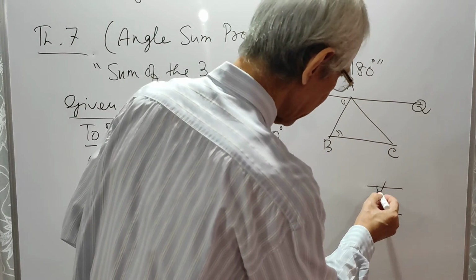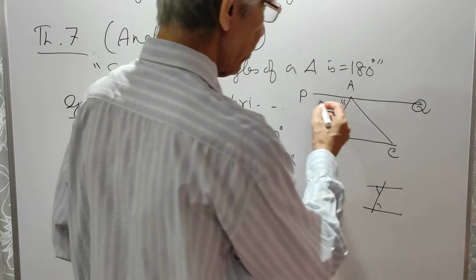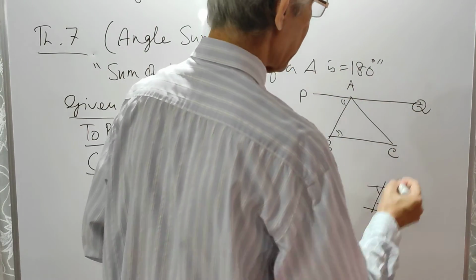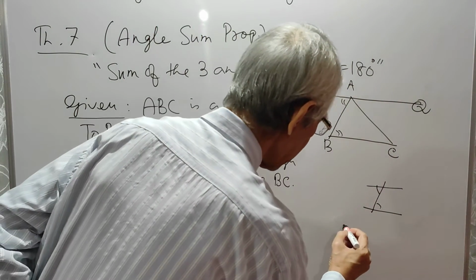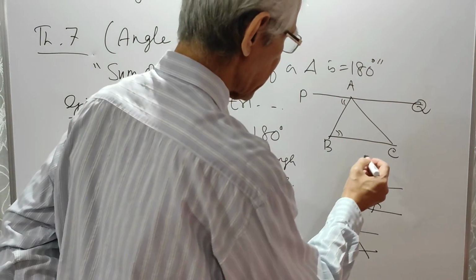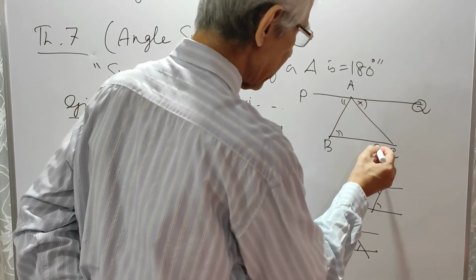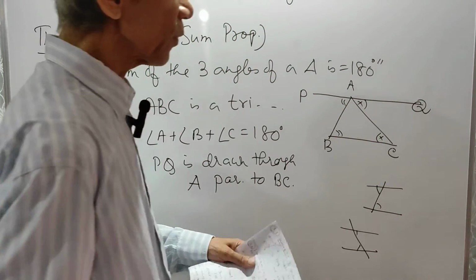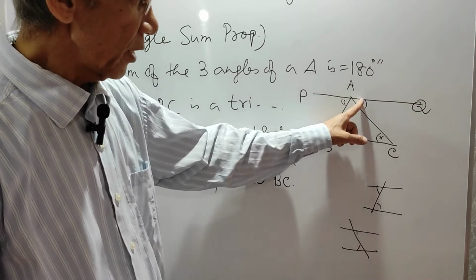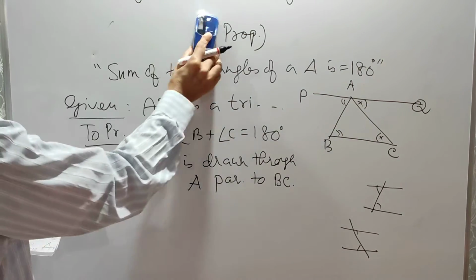Therefore, these two angles are equal. Why? They are alternate. In the next diagram, this is the transversal, therefore this angle equals this angle. That is what we are going to write.